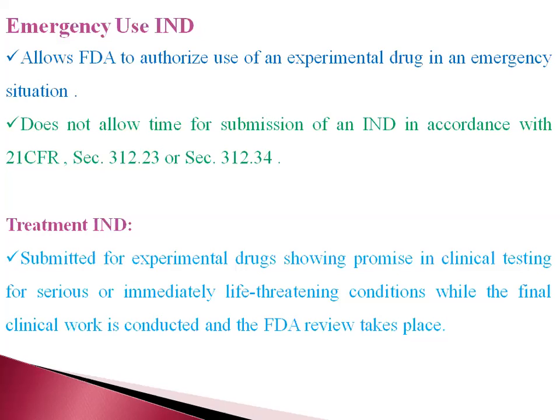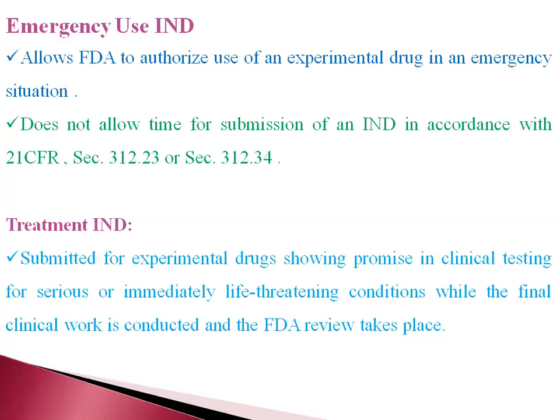And the third one is treatment IND. It is submitted for experimental drugs showing promise in clinical testing for serious or immediately life-threatening conditions. Here again, it is a situation where we need a drug in a serious condition, or if an immediately life-threatening condition has occurred, and there is no choice of drug available.